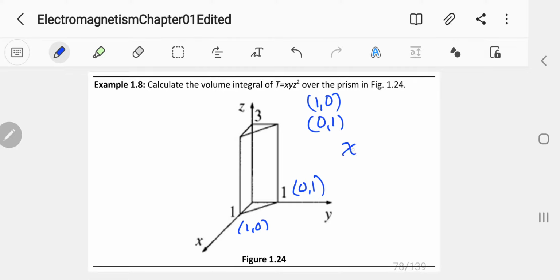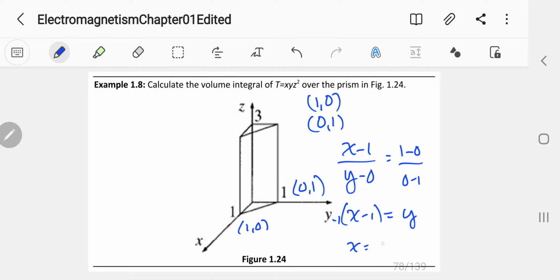You can write x minus 1 over y minus 0 equals 1 minus 0 over 0 minus 1. So x minus 1 equals negative 1 times y, or x equals 1 minus y.